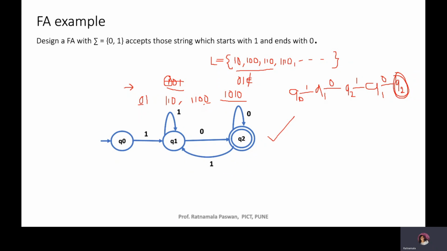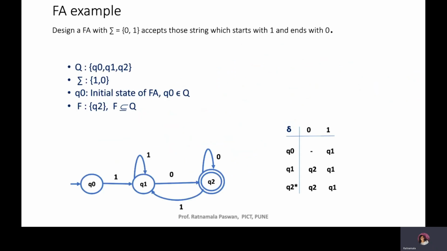This is a complete solution by considering all the 5 tuples: Q, sigma, Q0, F, and the transition graph. Based on this we have completed all these 5 tuples and the transition graph.